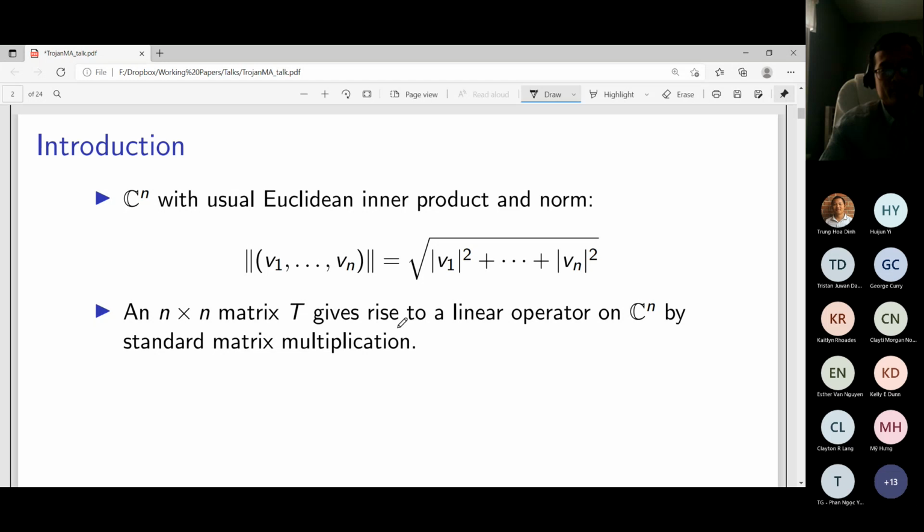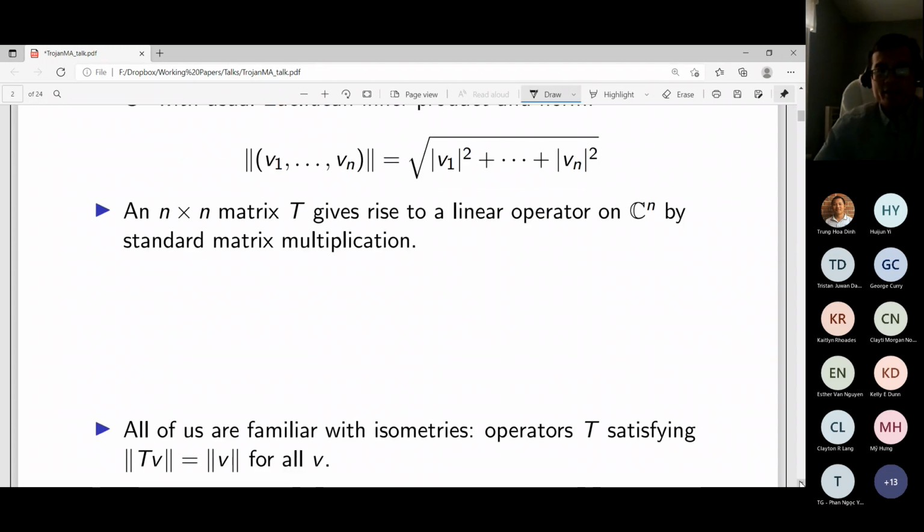Let me recall that whenever we have an n by n matrix, we can associate to such a matrix a linear operator by standard multiplication. For example, if T is an n by n matrix with entries a_11, a_12, and so on up to a_1n, then a_21, a_22, and so on.